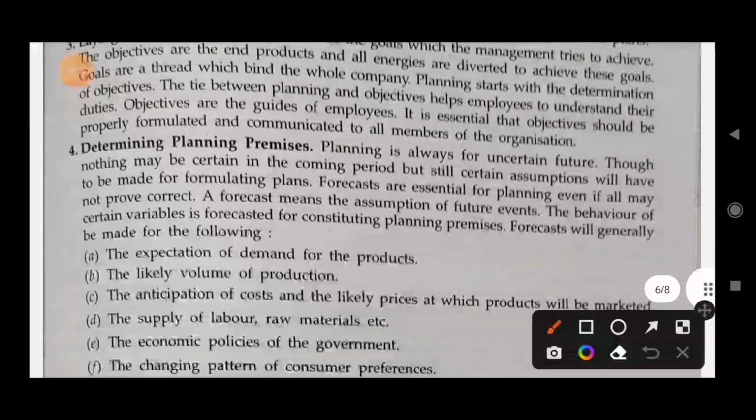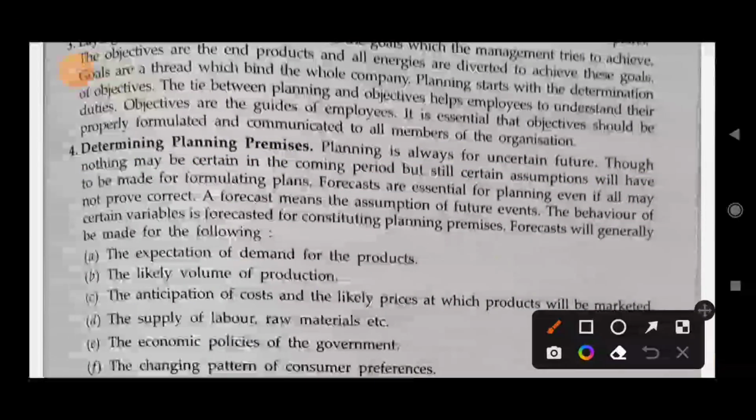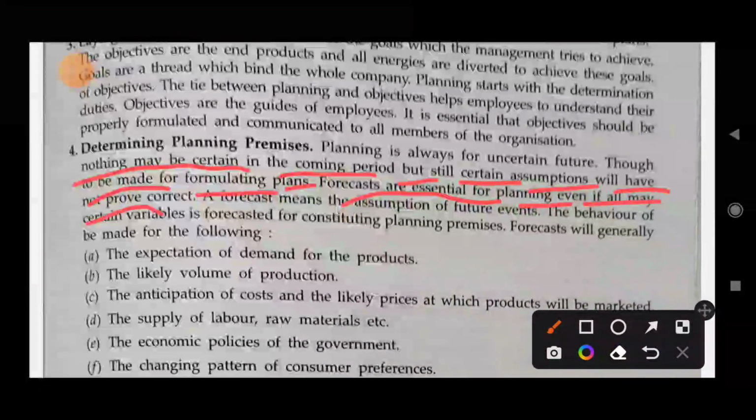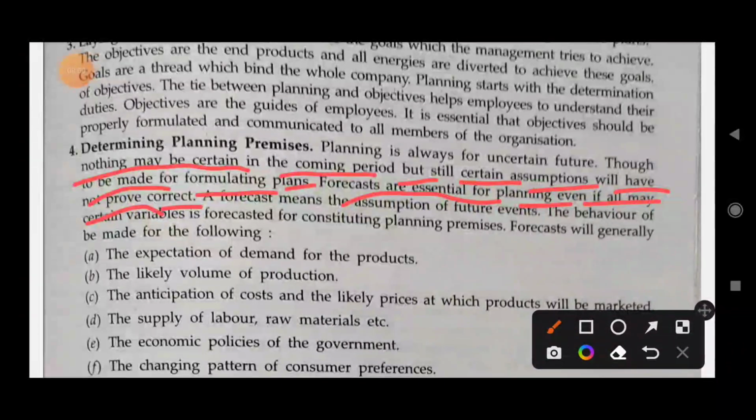Then determining the planning premise. Planning is always for an uncertain future. Nothing may be certain in the coming period, but still certain assumptions will be made in the formulation of plans. So forecast is essential for planning, even if it may not prove correct.